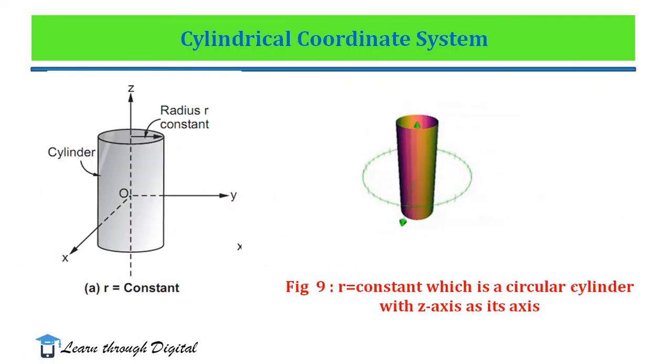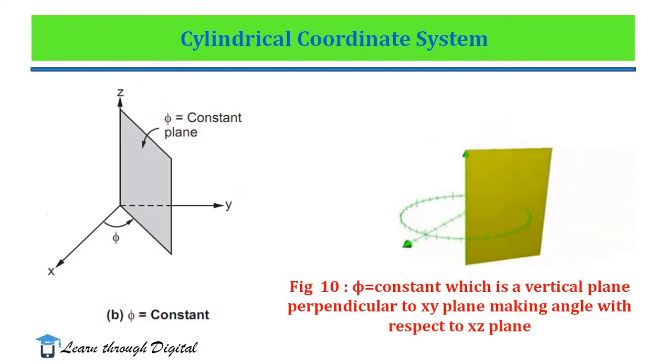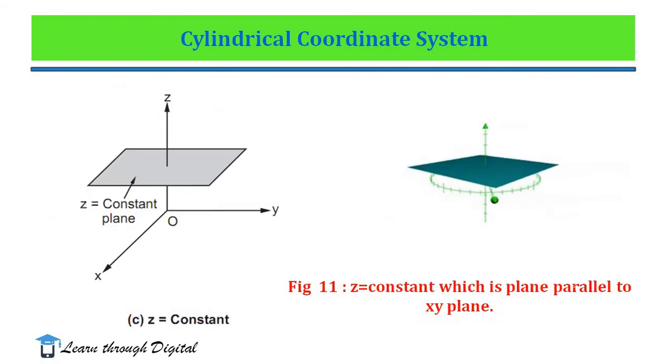The cylindrical coordinate system consists of three surfaces. The point P in the cylindrical coordinate system is nothing but the intersection of the cylinder with the radius r, the phi equal to constant plane, and the z equal to constant plane.